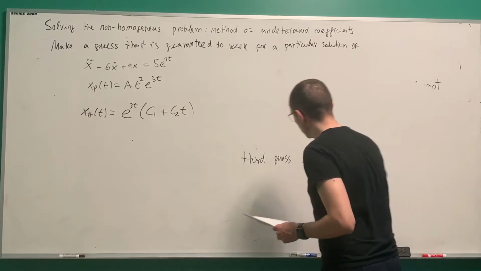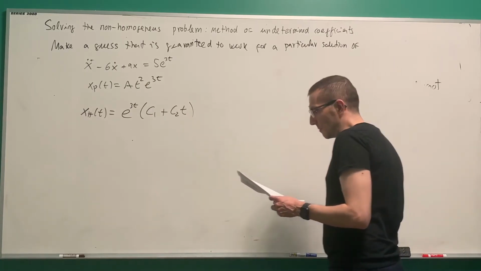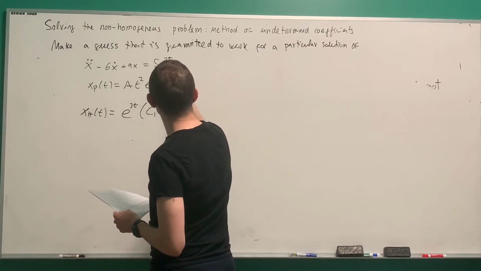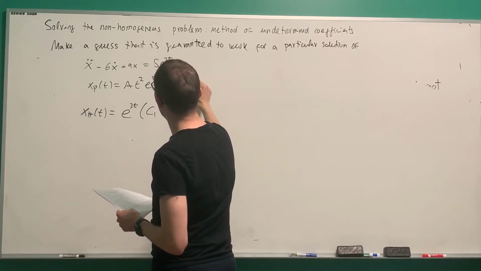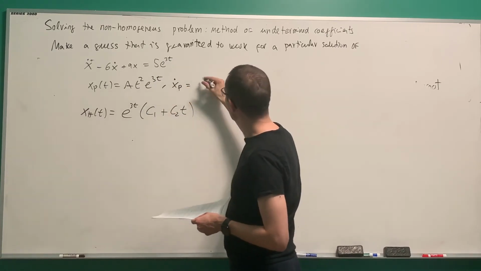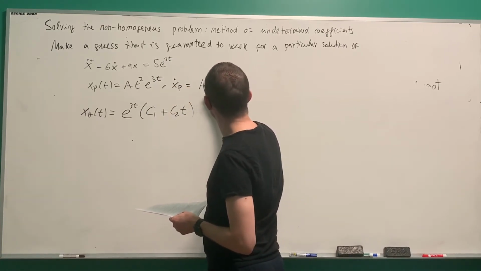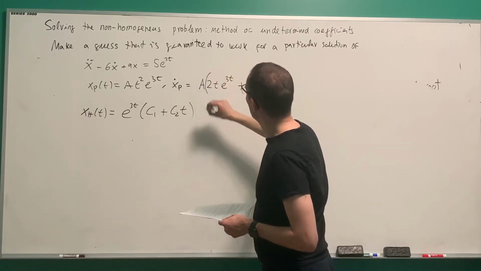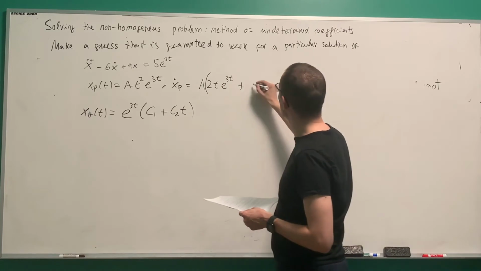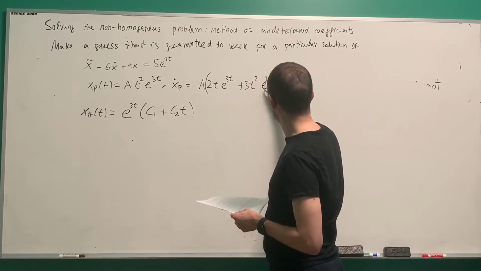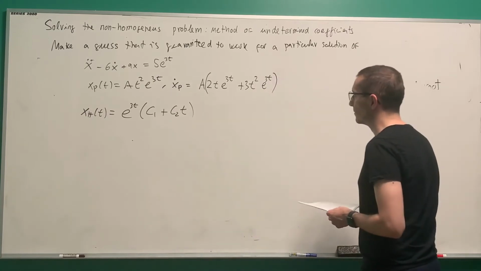All right. If we make that guess, that's pretty easy, because xp dot is equal to, again, a chain rule. Let's do it with all the steps, right? So a times 2t e to the 3t plus t squared times 3 e to the 3t. That's the first derivative.